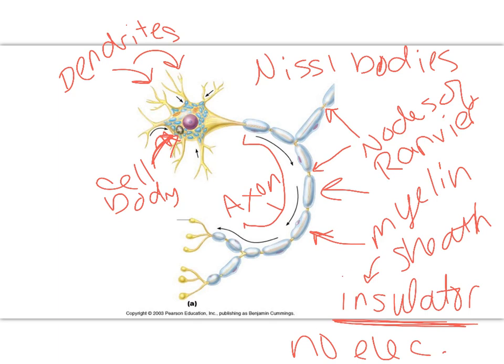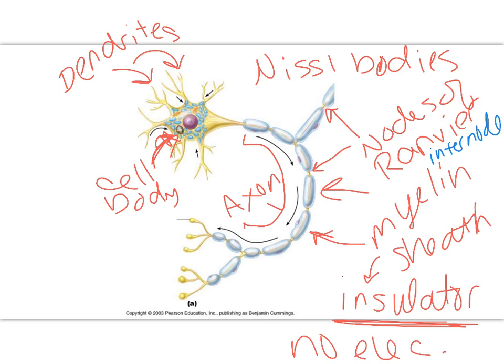But the nodes of Ranvier, which are also sometimes called internodes, those are non-myelinated areas. They do not have any myelin sheath, so the electrical message can travel easily through these nodes of Ranvier.